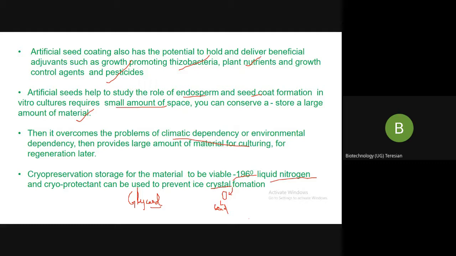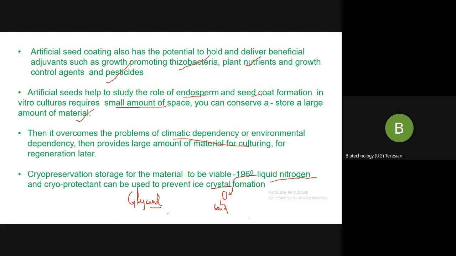Some plants require one concentration, another plant requires a different concentration of glycerol. So that stock depends on the species you are working with, whether you want to cryopreserve your plant or your bacteria or animal cells. Based on that, various glycerol concentrations have been utilized.